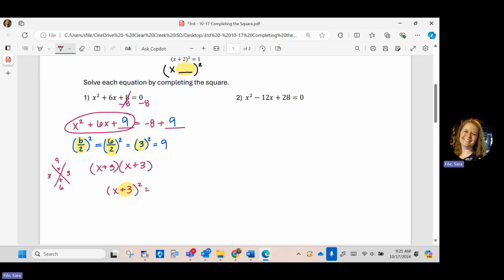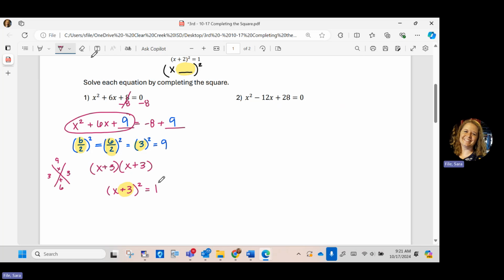Let's look at the right side, and we'll try this again with another one. How does the right side simplify? We have negative 8 plus 9, just a 1. So we have gone from standard form to almost vertex form. Vertex form has it all on one side, right?